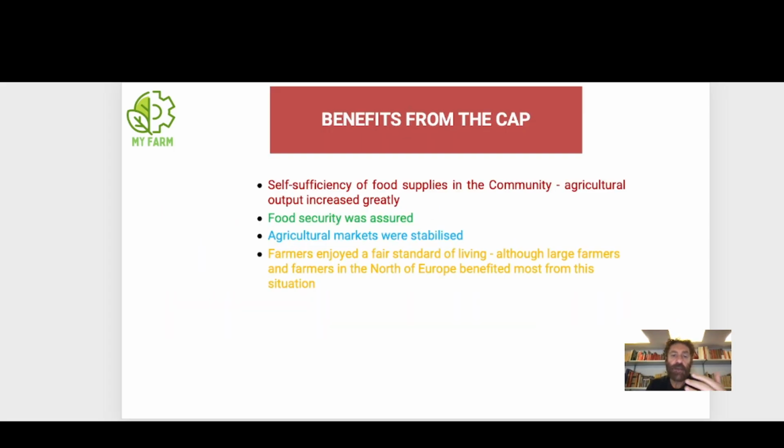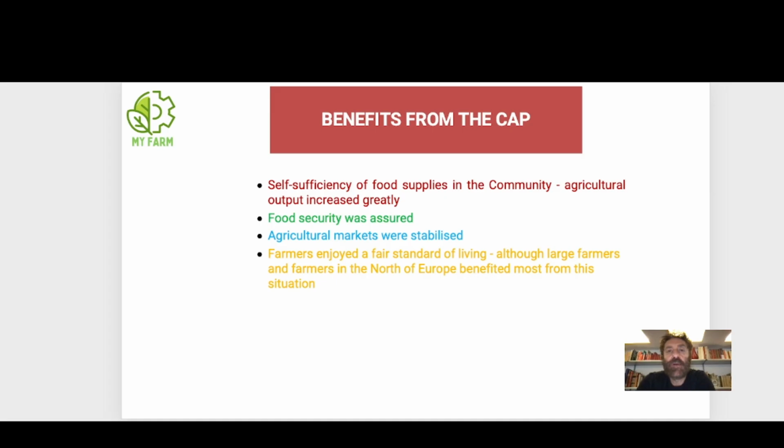The CAP provides, of course, a wide range of benefits that extend to farmers, consumers, and, in broader terms, the rural economy in the European Union.